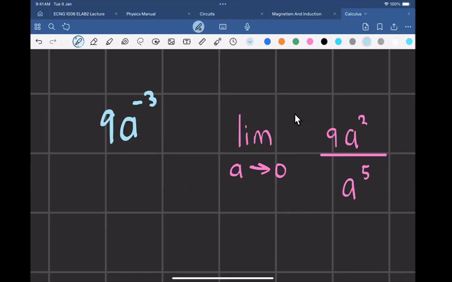And what is a to the power minus 3? That's the same thing as what? We could probably write it as a fraction.